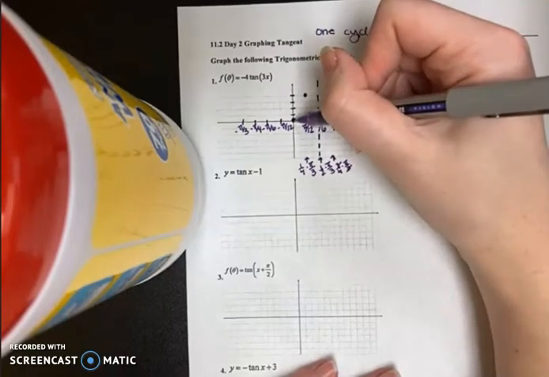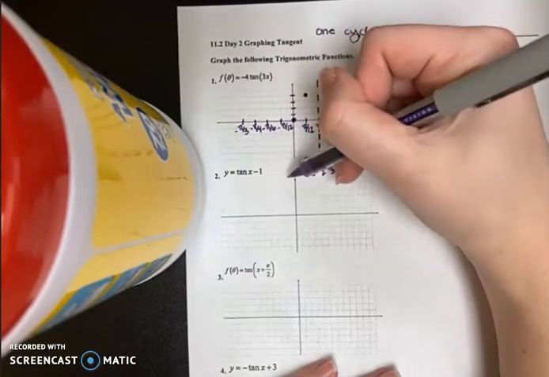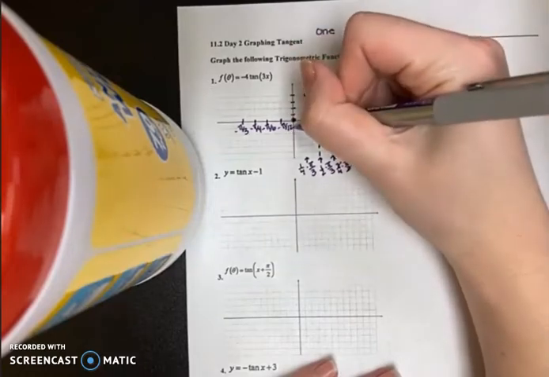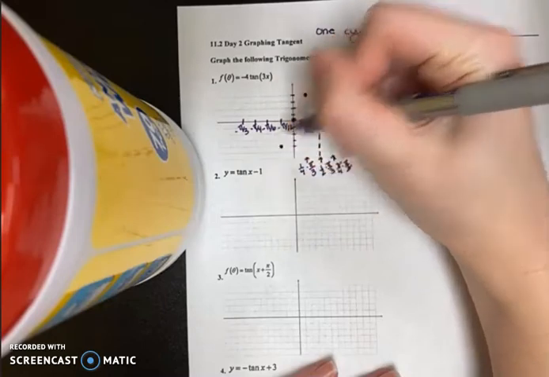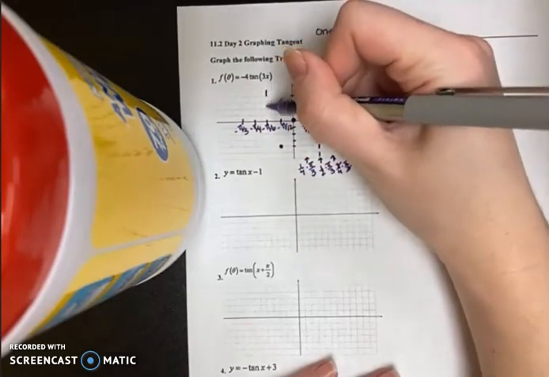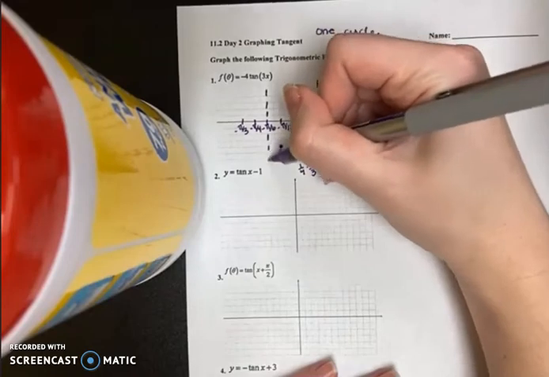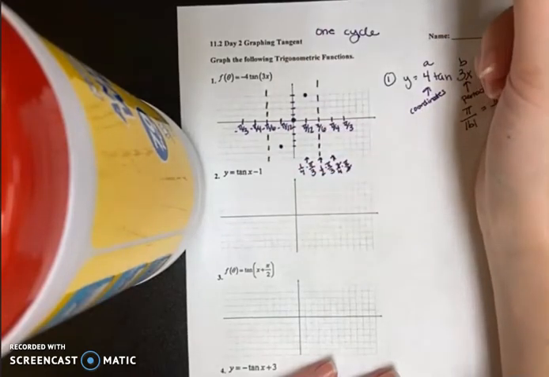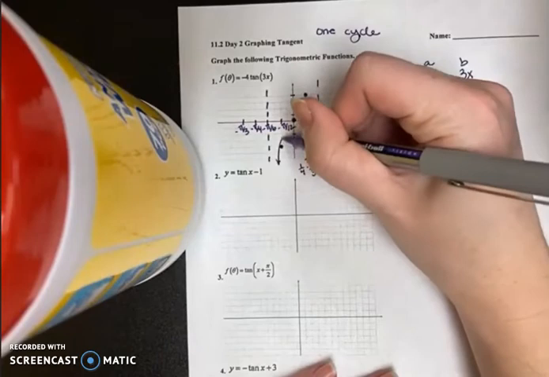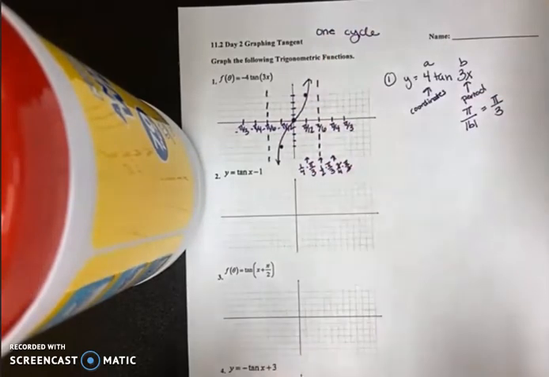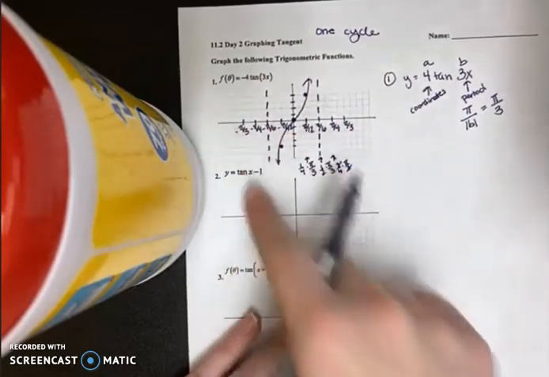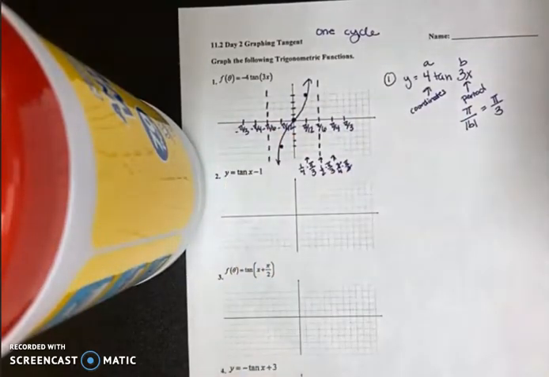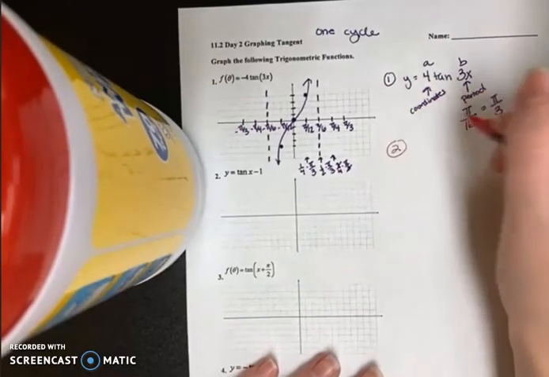Now, when I move to the left, I'm going to move down whatever a is, which is 4. And then the next tally mark at negative pi over 6 would be my other asymptote. So I've graphed one cycle. If I want to do a second, which I'm not going to, but if I wanted to, I could either put a cycle here or I could put a cycle here. It's up to you. Now that I have a cycle, I'm going to do my transformations.